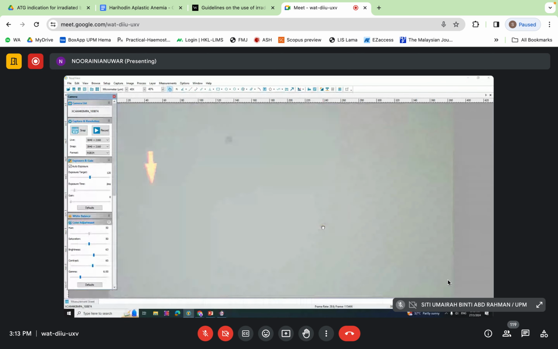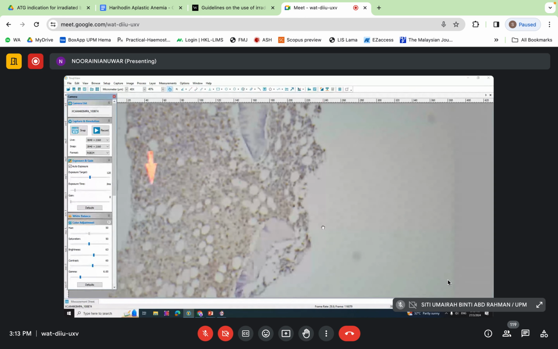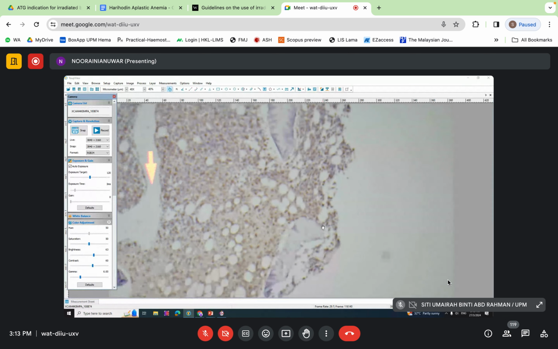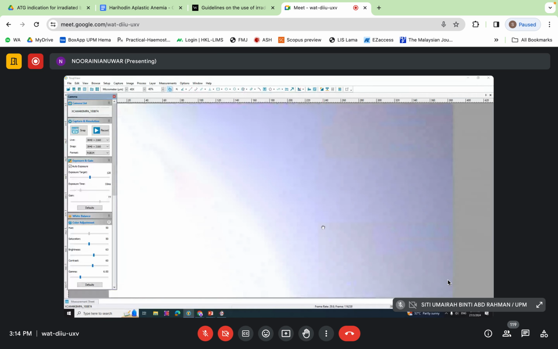It is always important when we see hemophagocytosis in the bone marrow that we actively exclude any secondary causes like metastasis, lymphoproliferative disease, things like that. Here we can see the CD68 immunostaining highlighted the histiocytes with elongated dendritic cytoplasm.